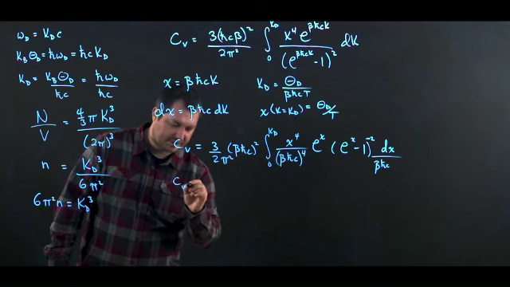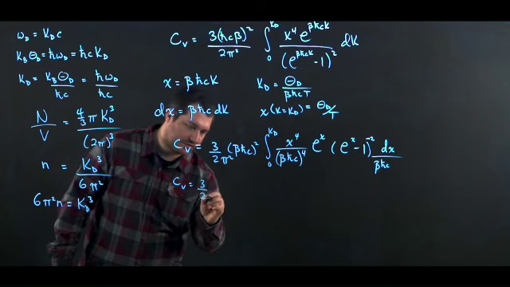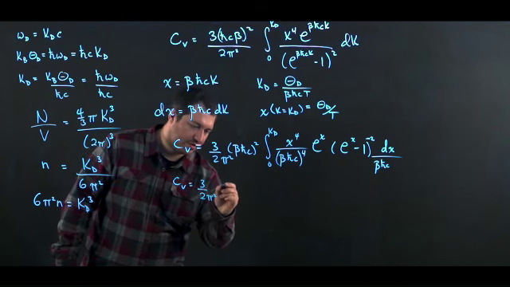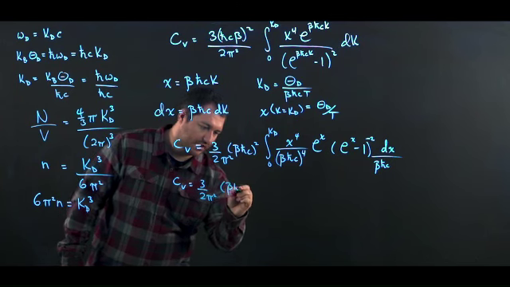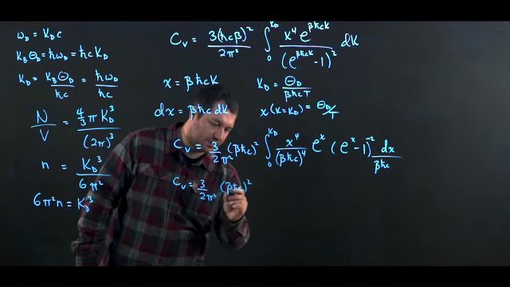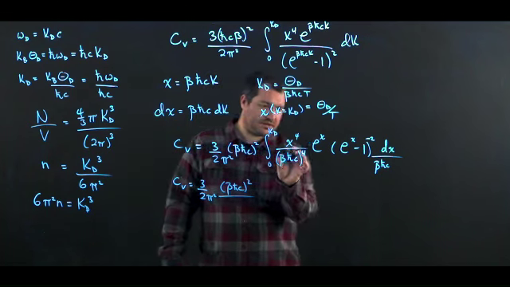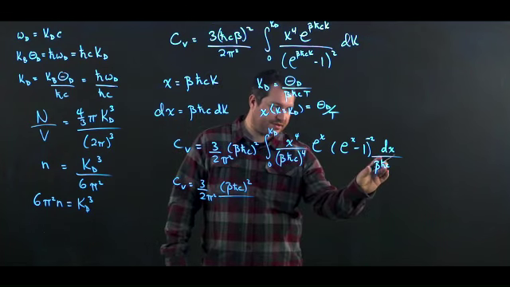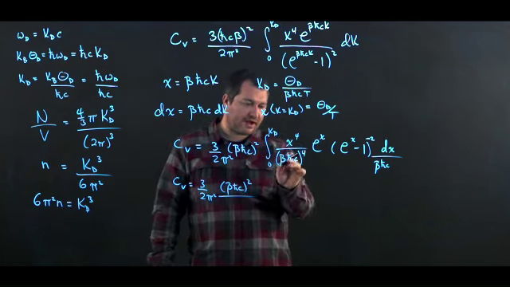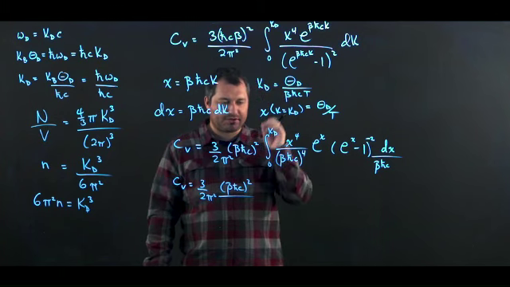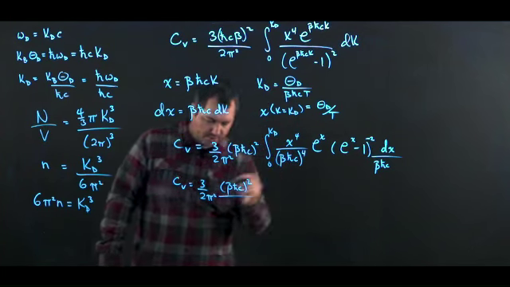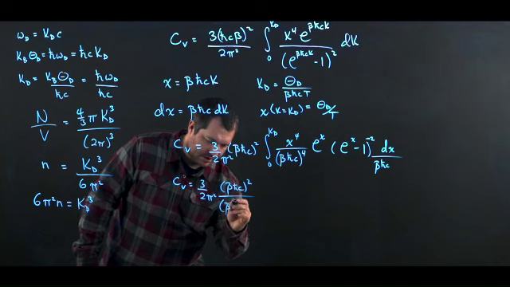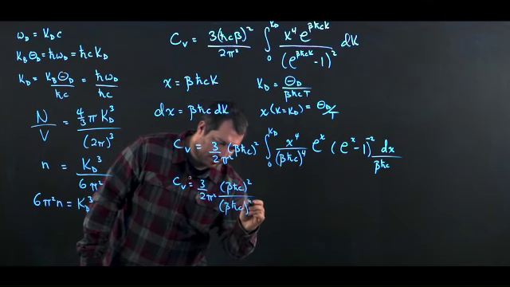So I've actually got Cv equal to 3 over 2 pi squared. I'm going to get beta h bar c squared, and this term to the power 4 and this term together to the power 5, and they have nothing to do with k, so I can pull them out of the integral. Beta h bar c all to the power 5.